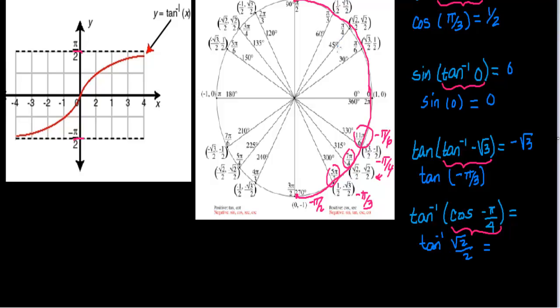Well, you need your calculator for that, because tangent inverse of this value, we don't know. Okay, I almost said it was pi fourths because as soon as you see square root of 2 over 2, you think of pi fourths. But remember, square root of 2 over 2 is the x-coordinate and it's also the y-coordinate, but it's not the tangent.